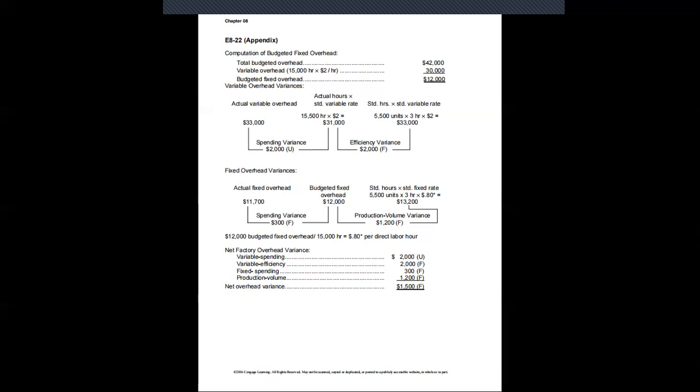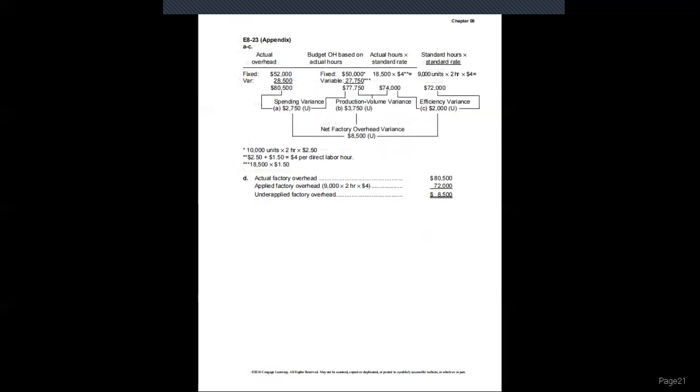So the net overhead variance is favorable by 1,500 because here we have 2,000 favorable, 300 favorable, 1,200 favorable. So 3,500 favorable minus 2,000. The net amount is 1,500. It's the net overhead variance, which is favorable.